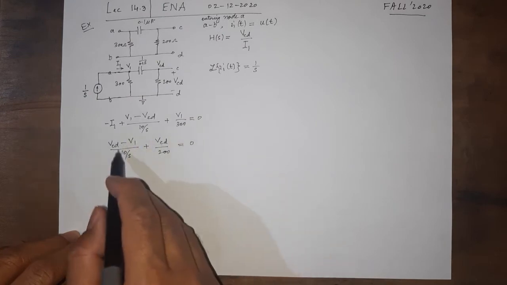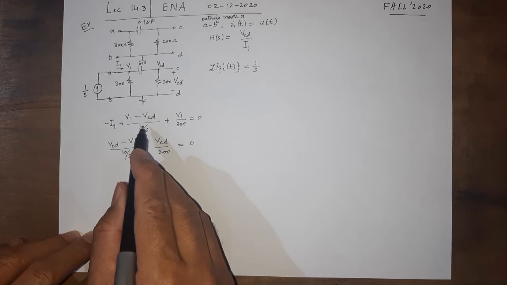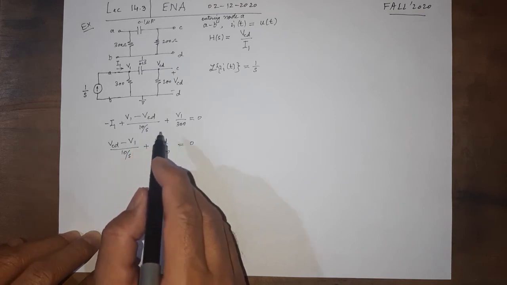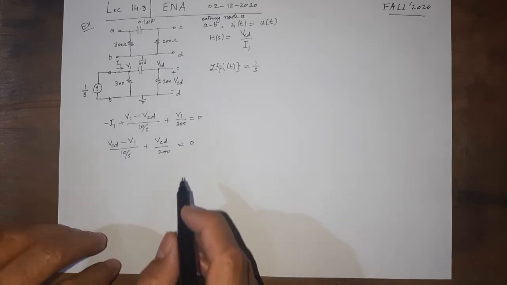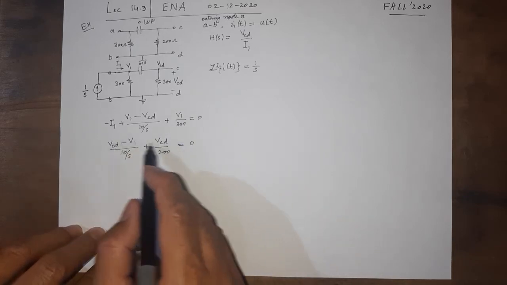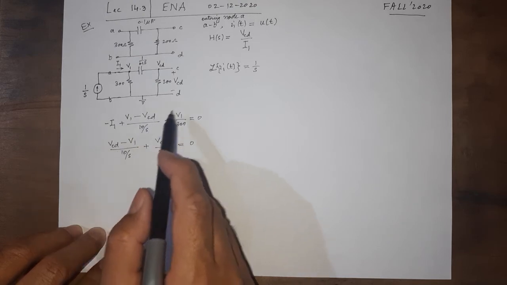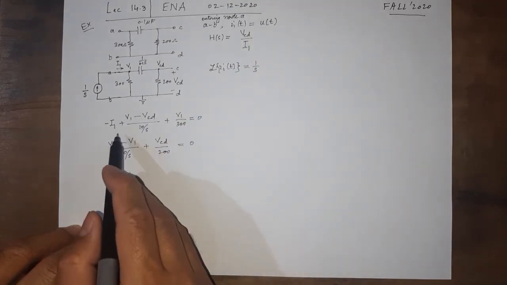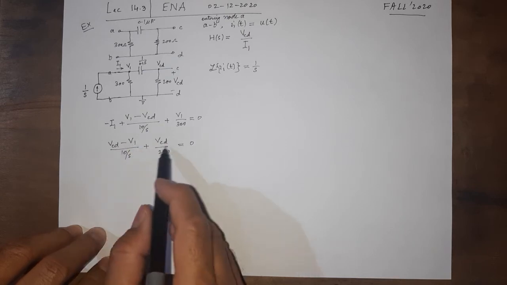So that would essentially be the same thing. From one of these equations, we can find what V1 is and then apply it to the other one. Here we don't have I1, but here we have I1 and VCD as well. So in order to find their ratio, we can find what V1 is from here.